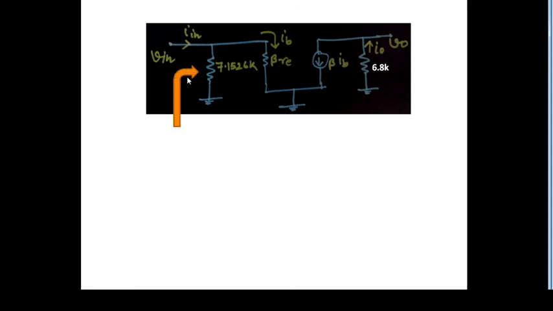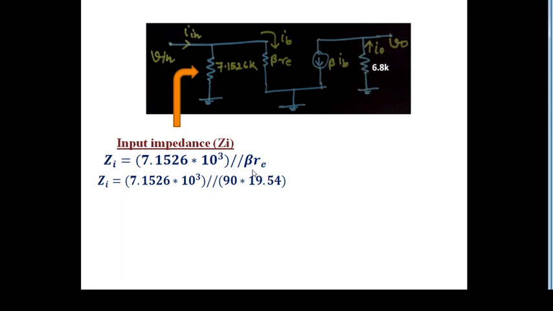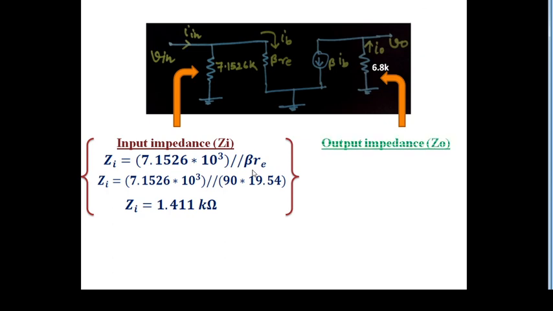So we can simply find the input impedance, the value of ZI. After putting the values of all these things, the ZI value becomes 1.411 kilo ohm. Then the output impedance becomes RC, simply 6.8 kilo ohm. There is no R naught value, so this one is the output impedance.